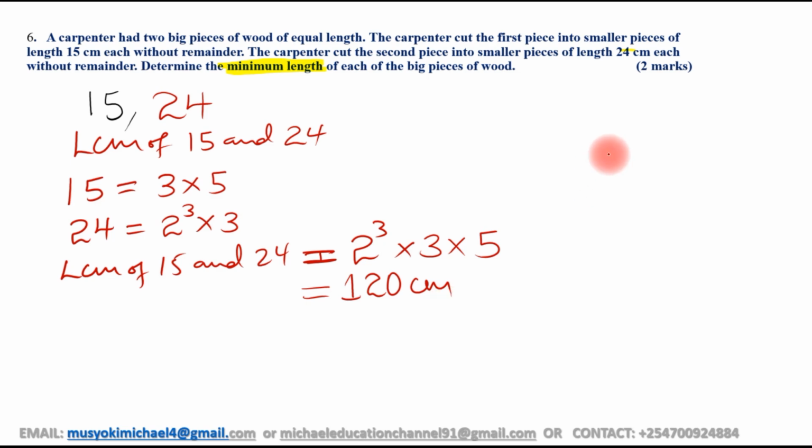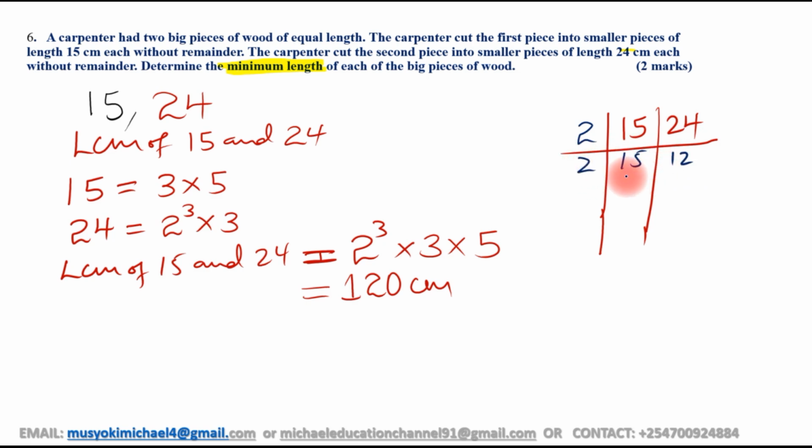We can also go the tabulation way of finding the LCM of 15 and 24. We start with the least prime number factor, which is 2. Dividing by 2, we retain 15 and get 12. Again by 2, we retain 15 and get 6.